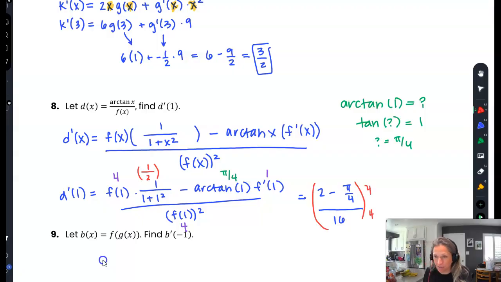Or I saw some people divide both of the terms by 16, which is also slick. So you either ended up with 8 minus pi over 64 as a final answer, or if you just did 2 divided by 16, you had 1/8 minus pi over 64. These are both the same and equally pretty.